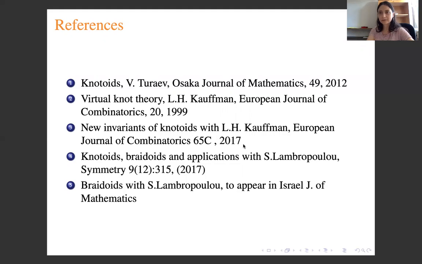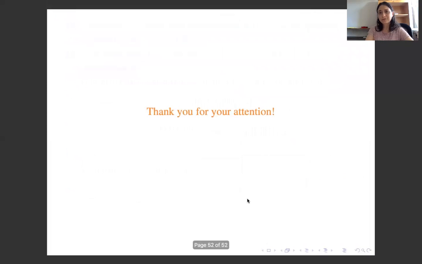The height results are from New invariants of knotoids with Louis Kauffman, and braidoid results you can find in Knotoids, braidoids and applications with Sofia Lambropoulou, and also a recently accepted publication, Braidoids, that will be appearing in the Israel Journal of Mathematics.